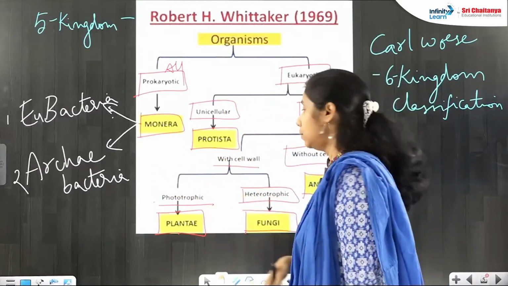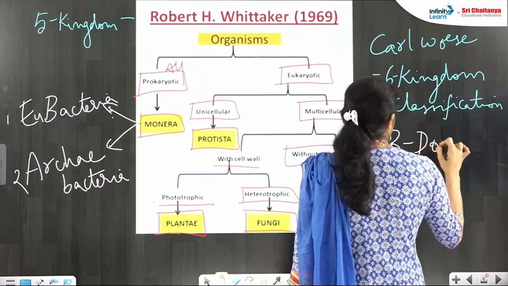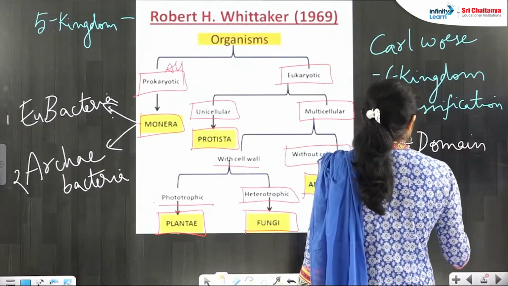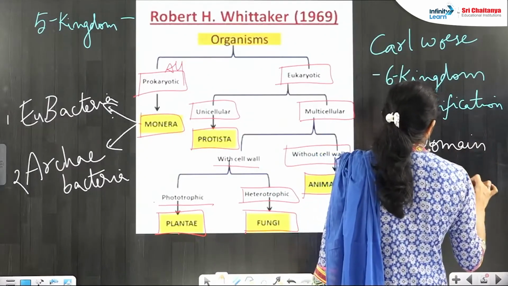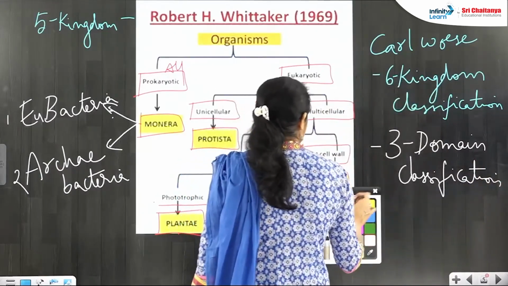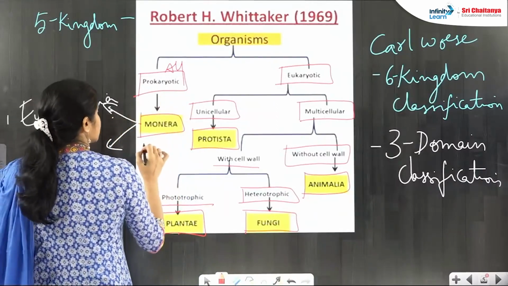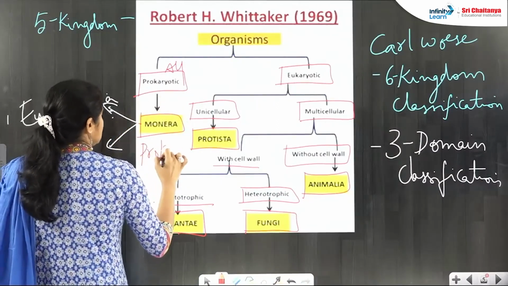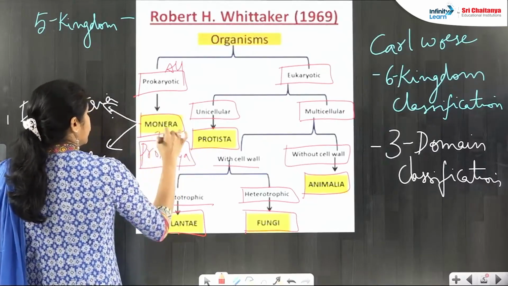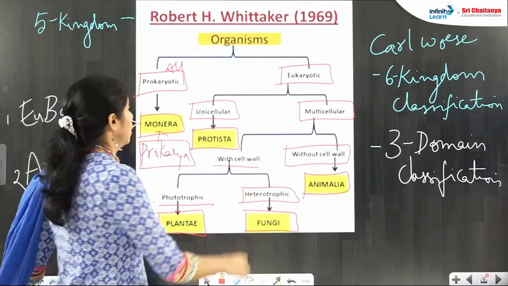The same person gave the three domain system of classification, or three domain classification, where he considered Monera as prokaryote. This is the first domain. Monera was placed under the first domain, that is prokaryote.